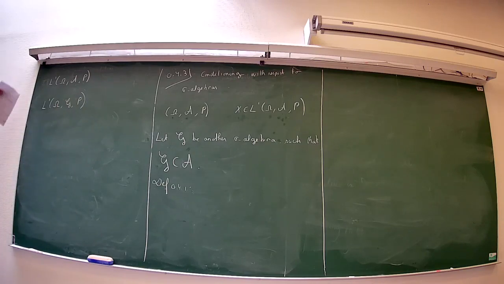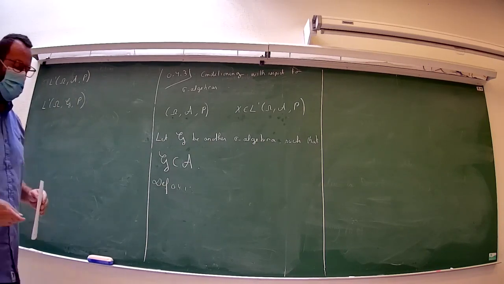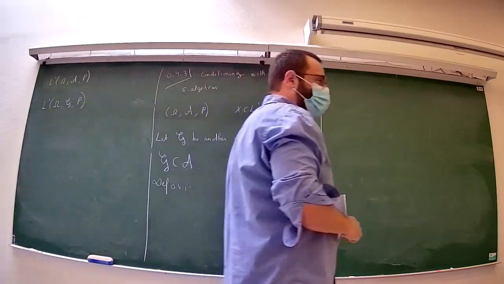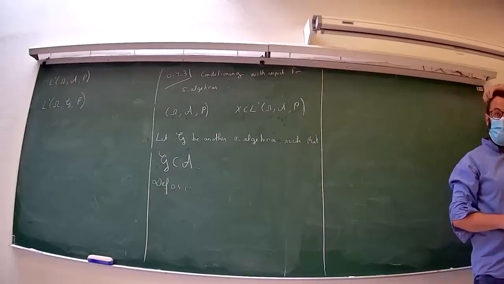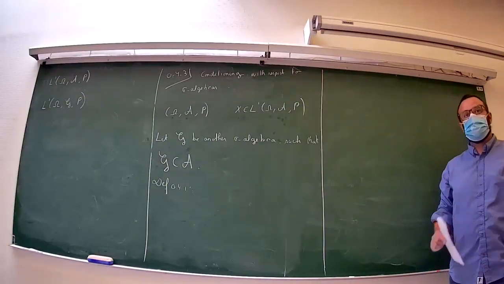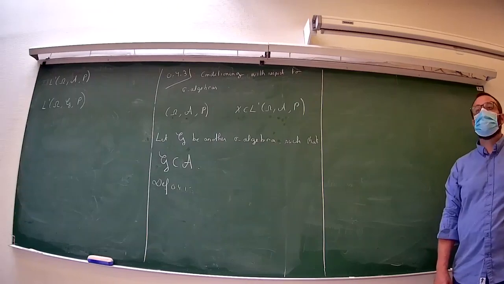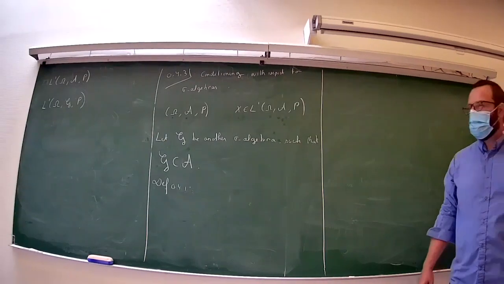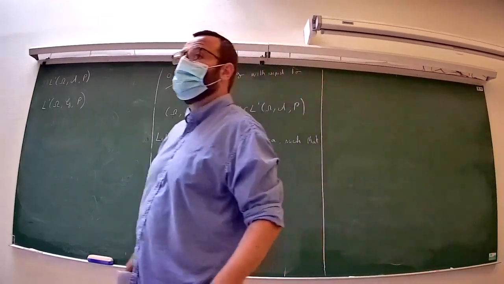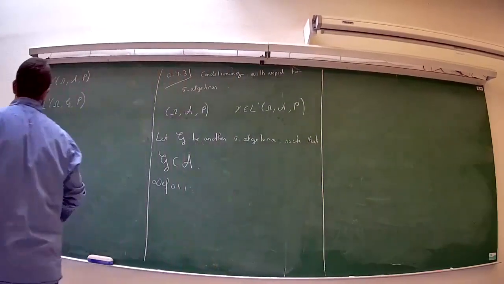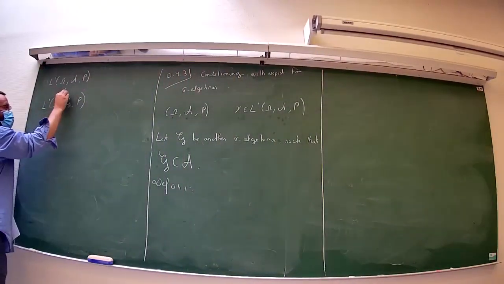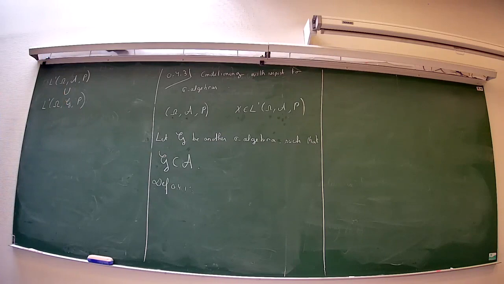Are you able to compare these spaces? I said that one is smaller. My question is which one? The second one, right? It's smaller. And my question now is why?